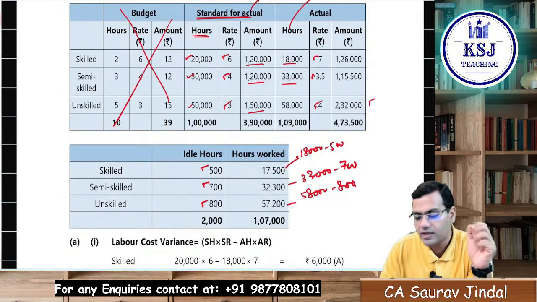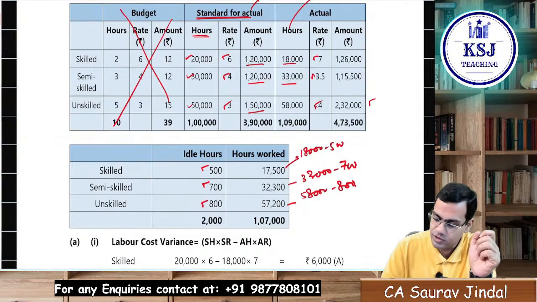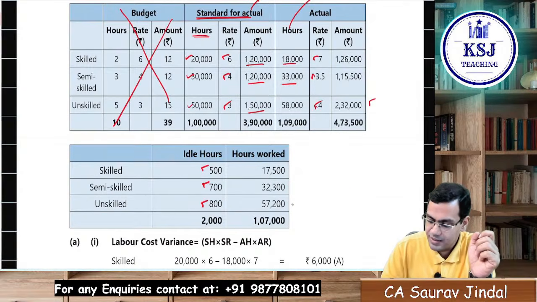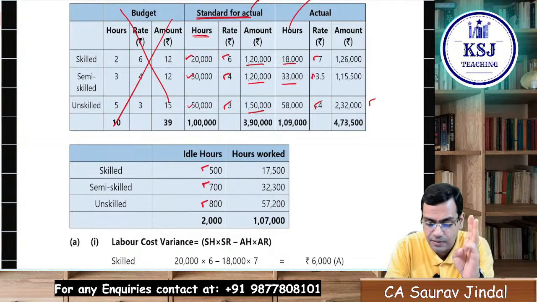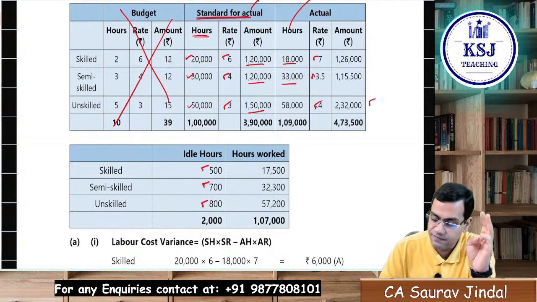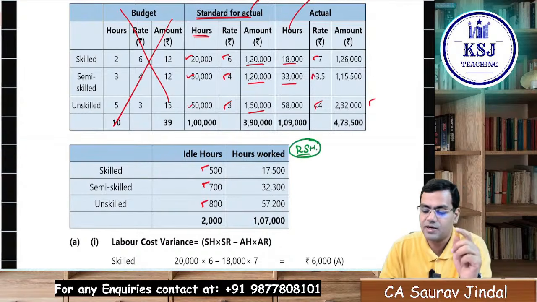Now you can calculate the variances. I have a question for all of you now. Sir, in this question, we have three different types of labor that is given to you. Here if I want to calculate revised standard hours, how will I calculate revised standard hours?